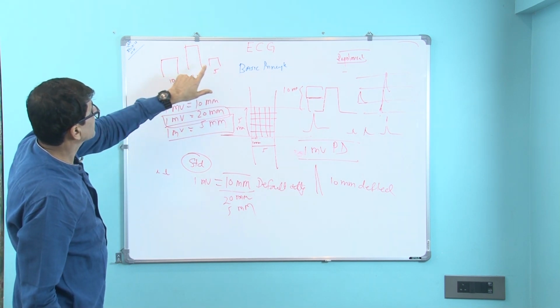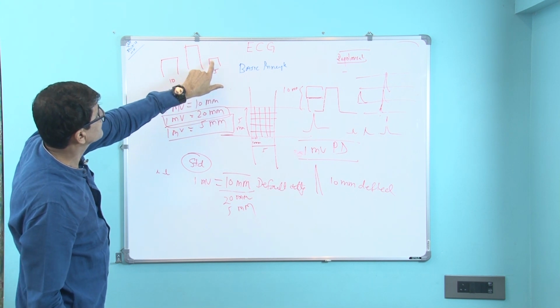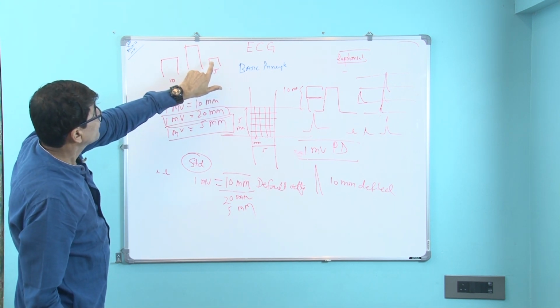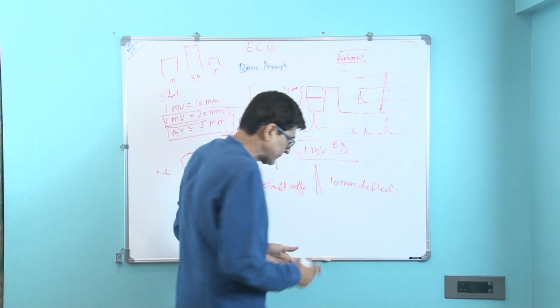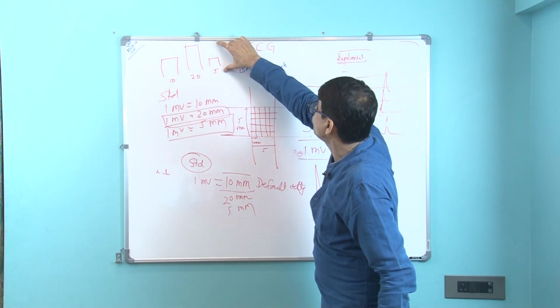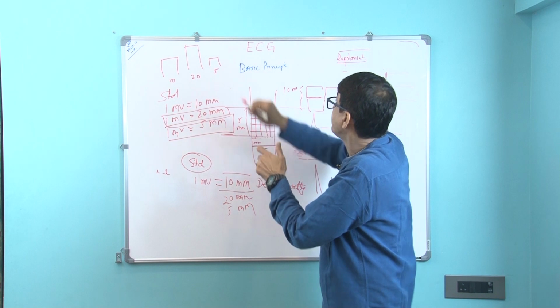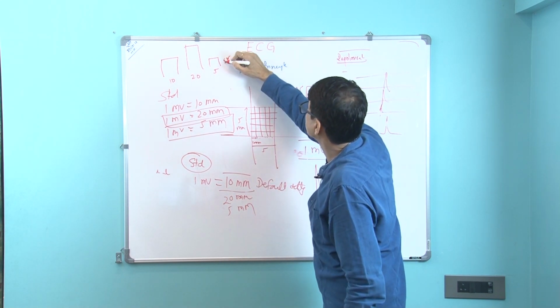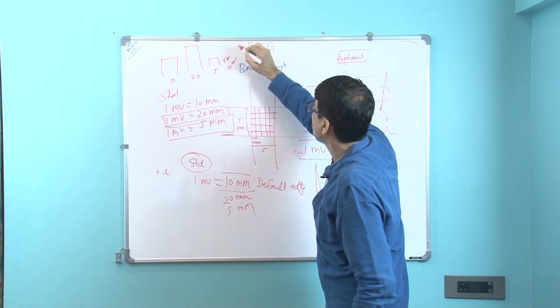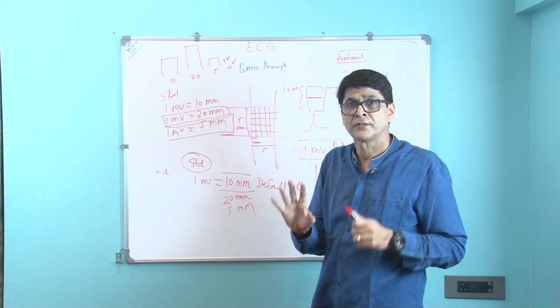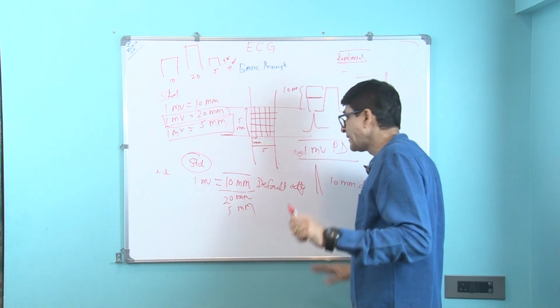If you change the setting you will see very small squares. So, 5 millimeter. But while calculating you need to double. If the deflection is 5 or 6 millimeter, while calculating you have to double it, 10 millimeter. Remember that. This is standardization.